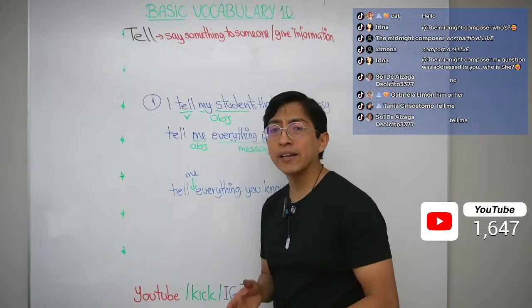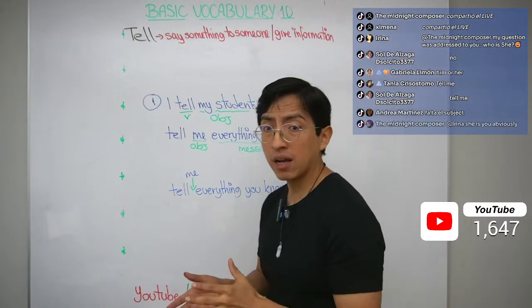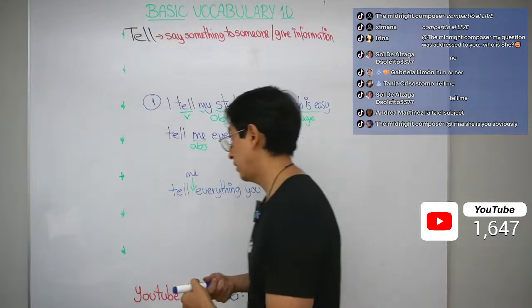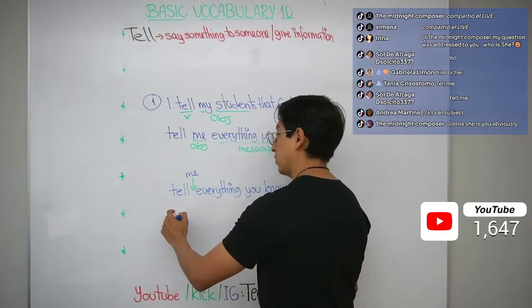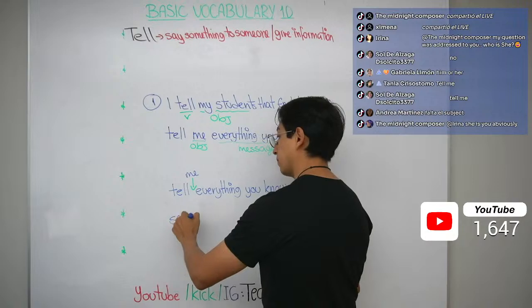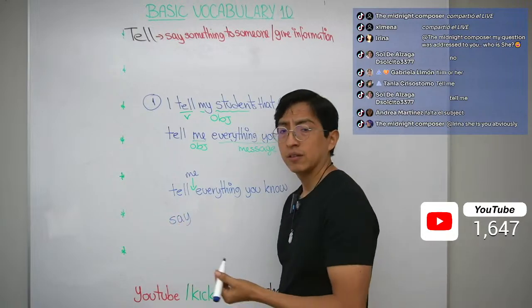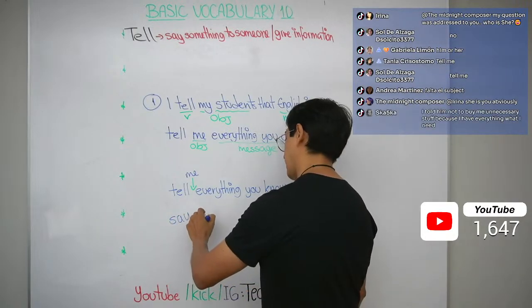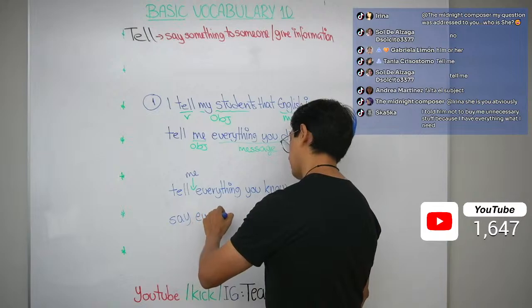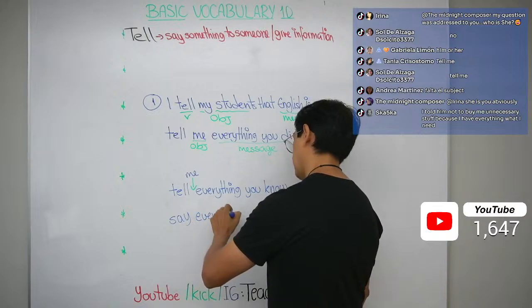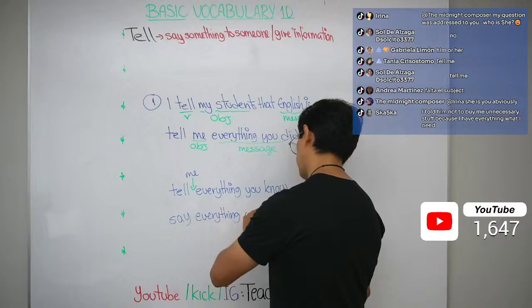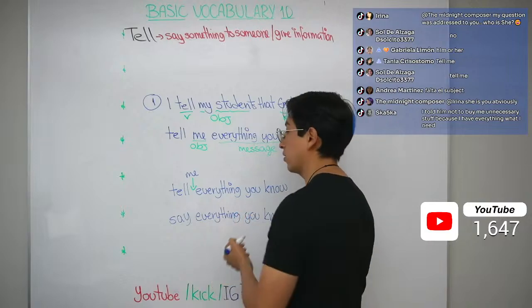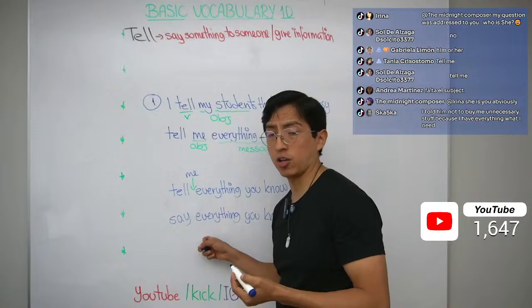So, guys, why is this important? Because we sometimes confuse tell with this other verb, say. For example, maybe you can say, hey, you have to say everything you know.